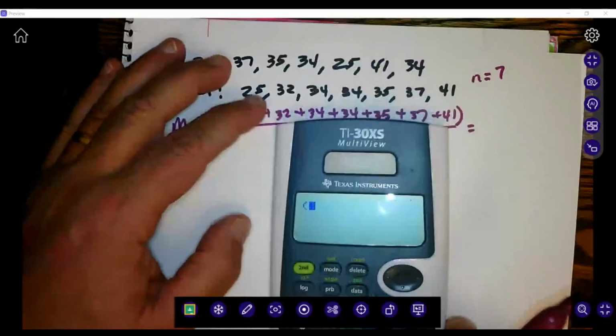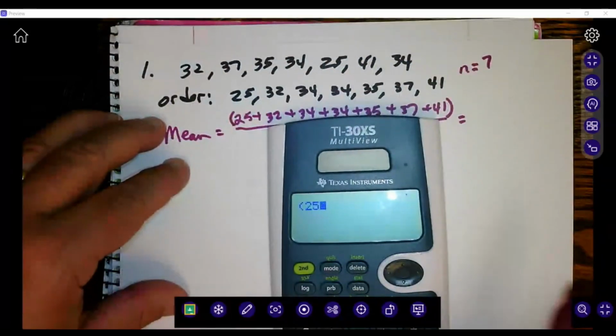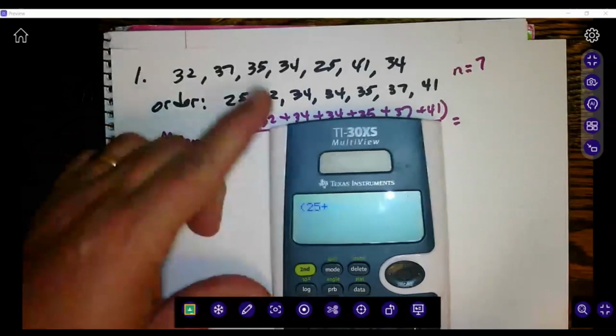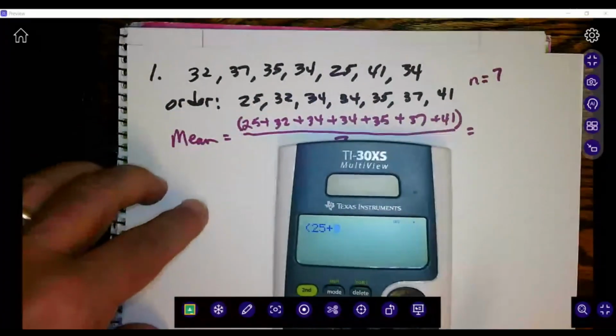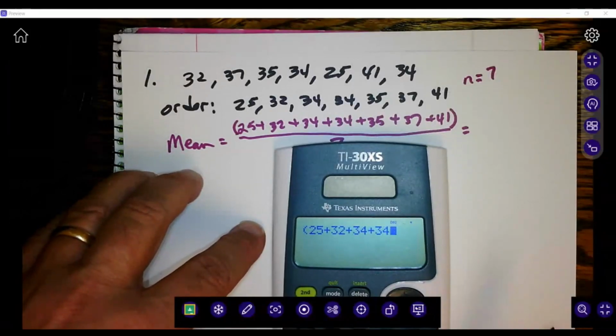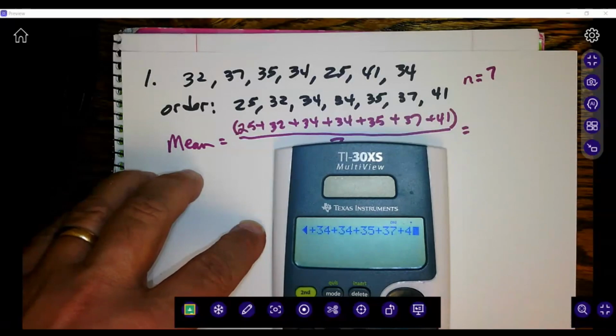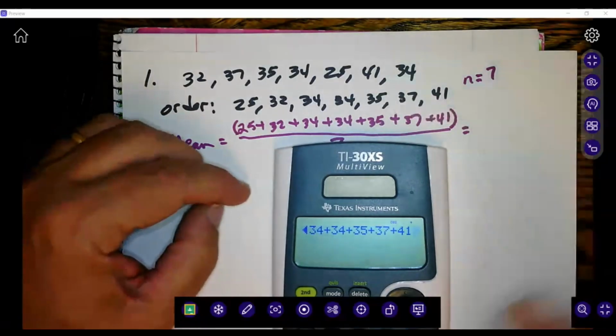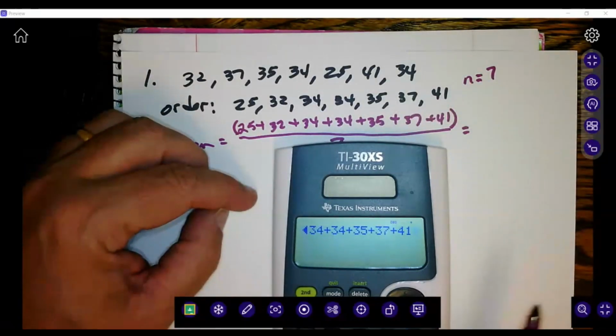And I'm now going to put the numbers in, 25 plus 32 plus 34 plus 34 plus 35 plus 37 plus 41. And now that I'm at the end, I need to close the parentheses.